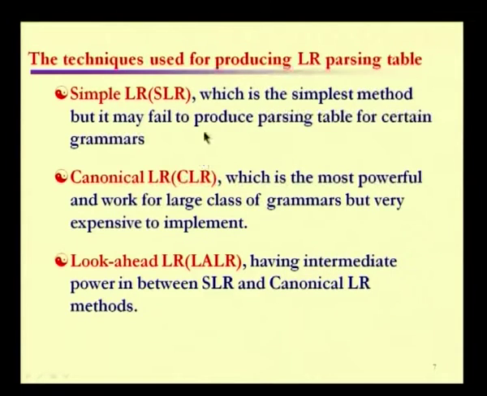So, we are seeing that simple LR is very simple, but the drawback is that it may fail to produce a parsing table for some grammars, which means there are grammars, even though they are not ambiguous, for which the SLR parser, because of the simple procedure followed for constructing it, may fail to produce the parsing table.